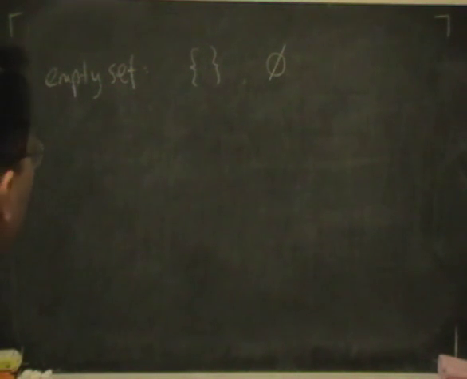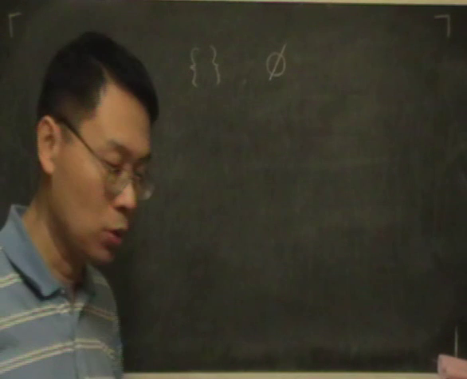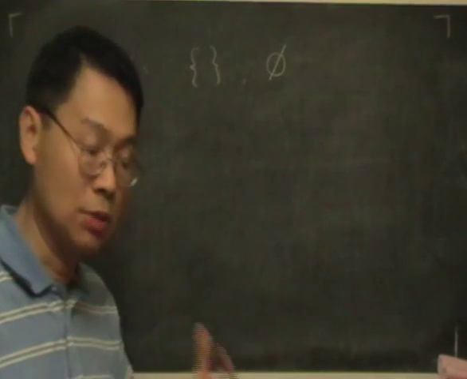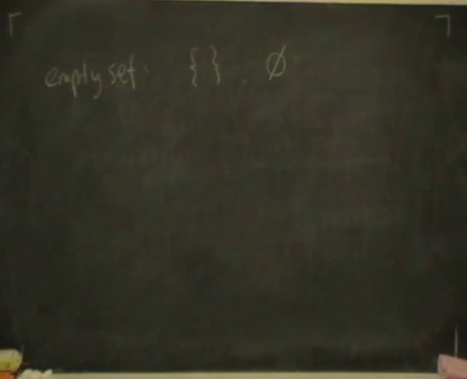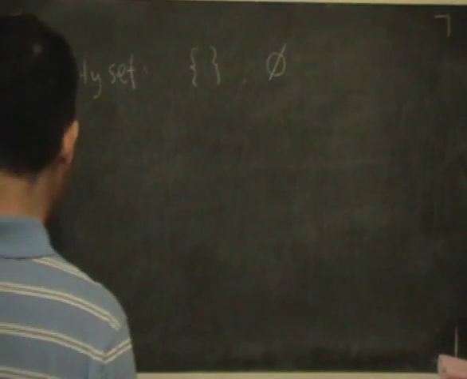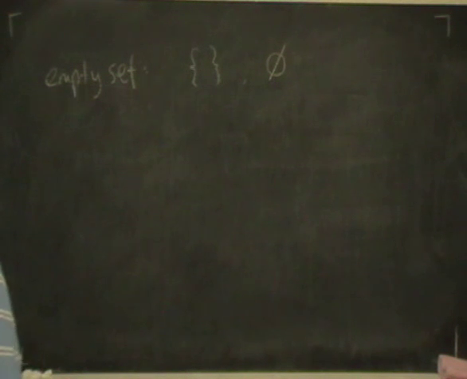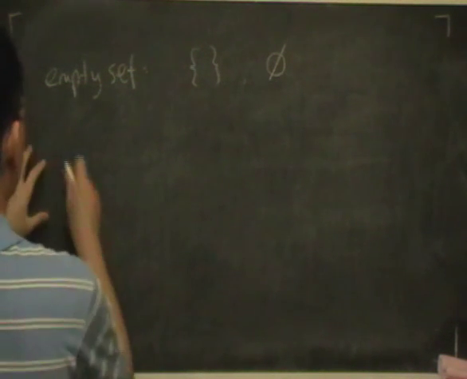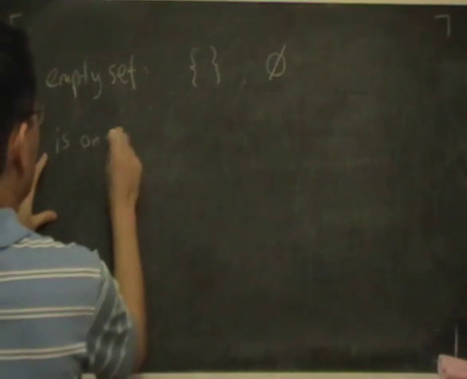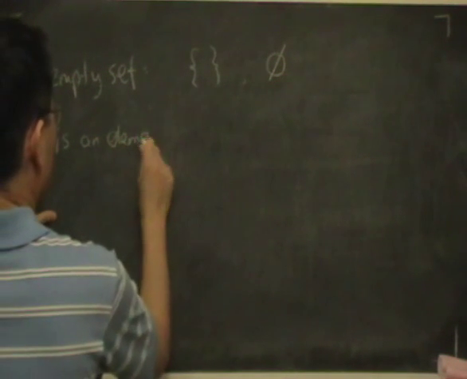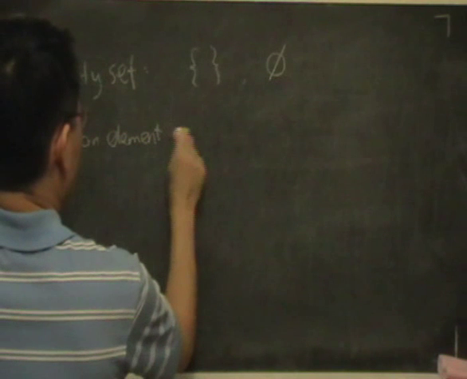Now we are going to go on learning a few more notations, symbols that we can use later on when we answer questions. Now there is this symbol to mean "is an element of."